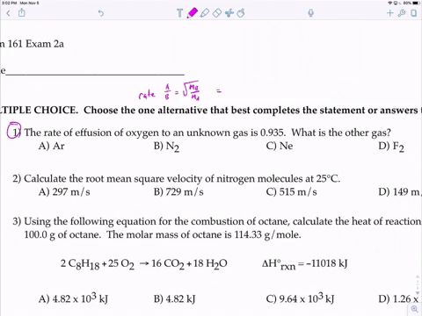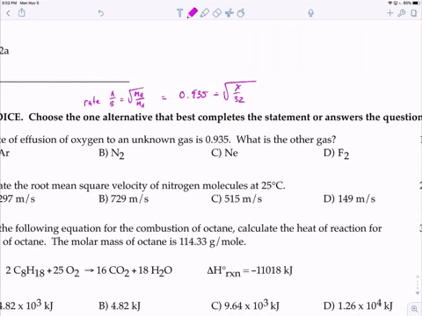So 0.935 equals the square root of x over 32, oxygen to unknown gas. Oxygen and some unknown gas, set that up.